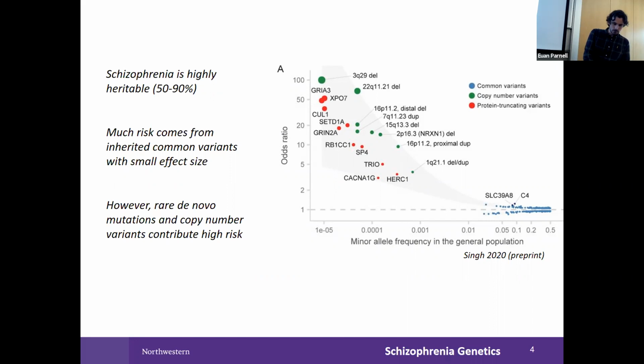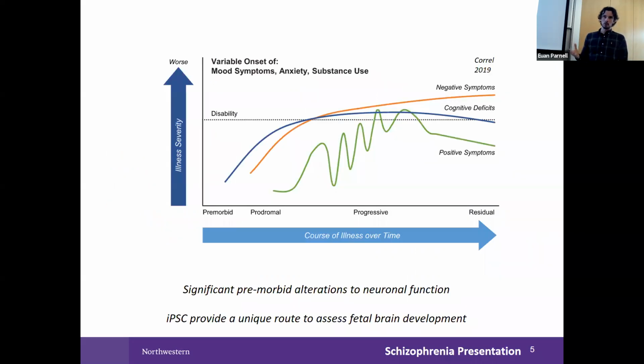And so you might be thinking, we're using iPSC to model early development, early neurodevelopment, prenatally. Is that suitable for studying schizophrenia? You might think of age of onset, 15 to 30 is typically when you get a diagnosis. But even before that initial psychosis, which is required for schizophrenia diagnosis, you see changes in neurodevelopment.